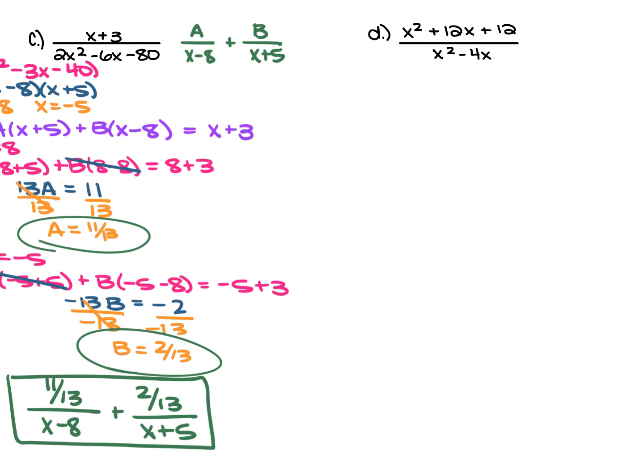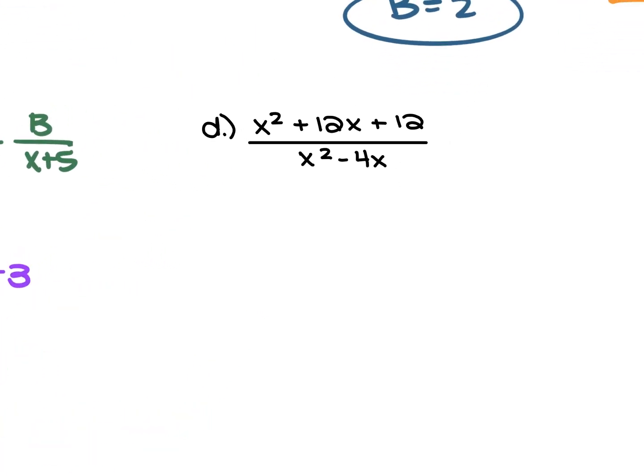So like I said, for this one, we changed it to x cubed minus 4x. This bottom is going to factor to be x times x squared minus 4. Again, we're just working with the bottom.